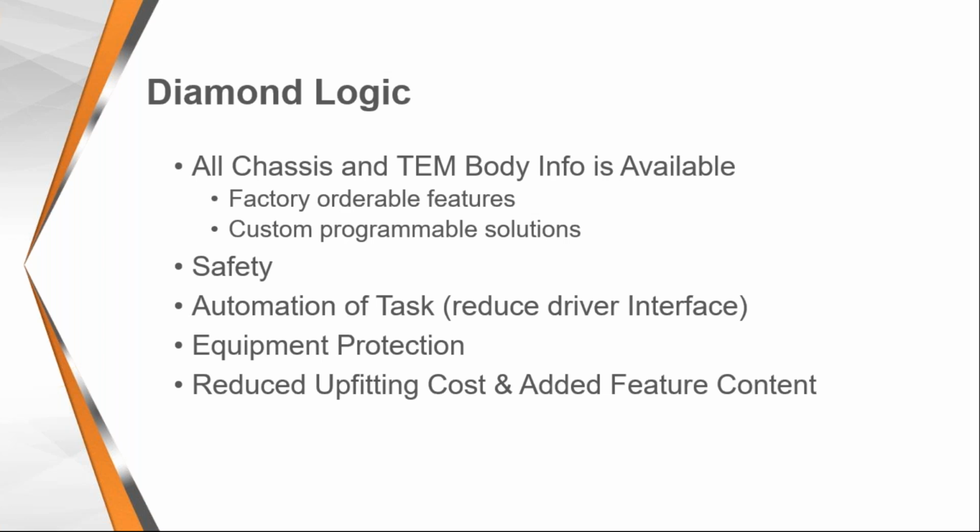It's a free website that gives the information to help those people tie into our chassis to upfit them or add other components to it. Several modules and some of the things are factory orderable, and they can be tailored after it's installed and programmed for safeties and interlocks or other types of controls.